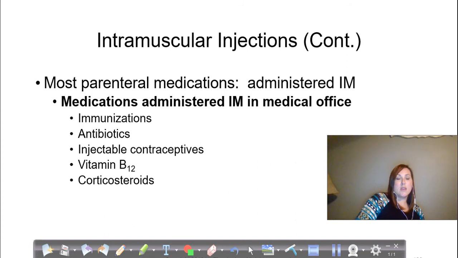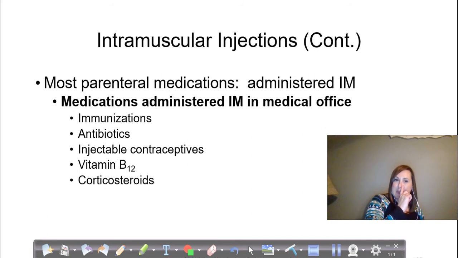An example of that would be Kenalog. It's a steroid that's going to help reduce inflammation, like back pain. We can give that to patients with back pain. Somebody who's having some type of allergic reaction, you wouldn't want to give that injection over an area that has hives or anything like that, but certainly a corticosteroid could be given for that.